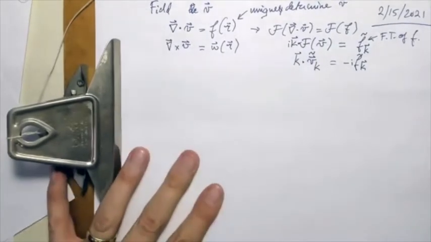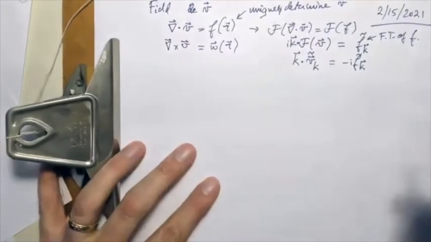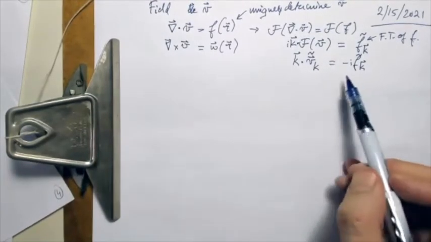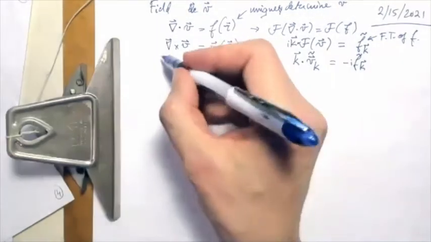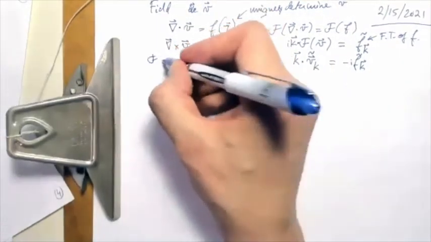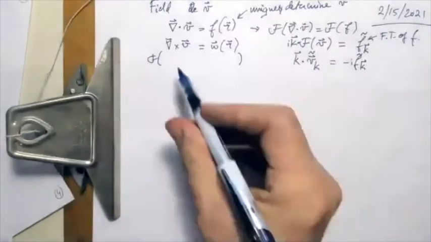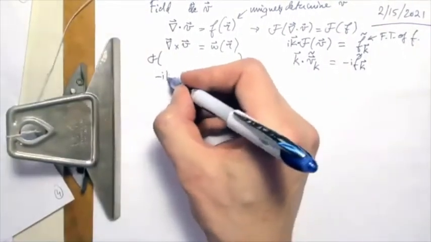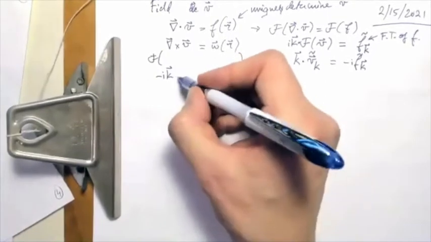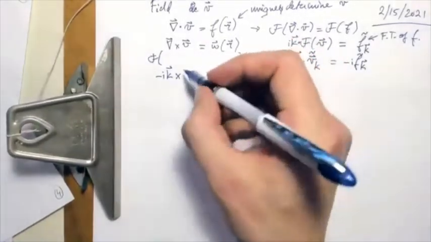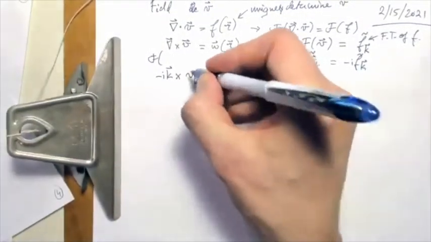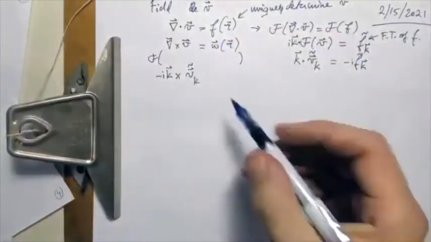All right. So we've done this part. Now let's do the same thing with this one. We'll take the Fourier transform of this entire thing. We do the same thing: we pull out the Nabla operator. We get a minus i k vector crossed with, in this case, the Fourier transform of V, that same object.